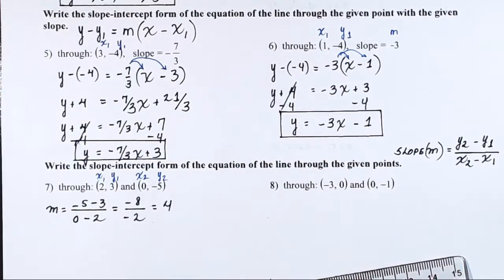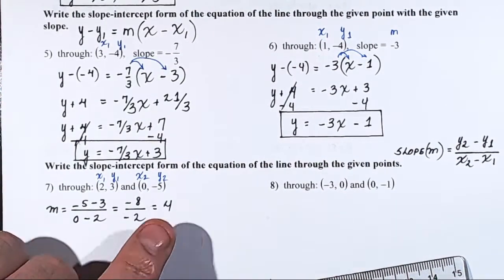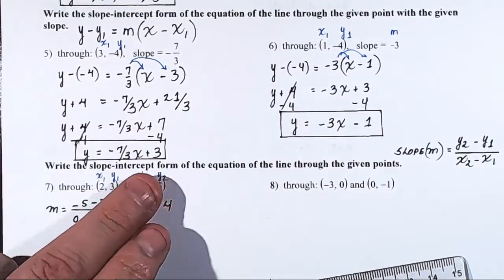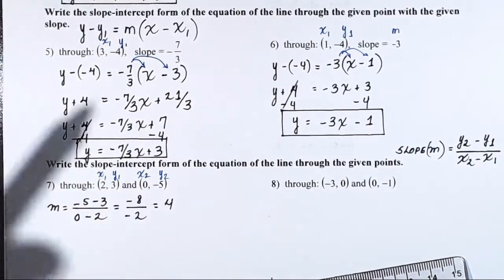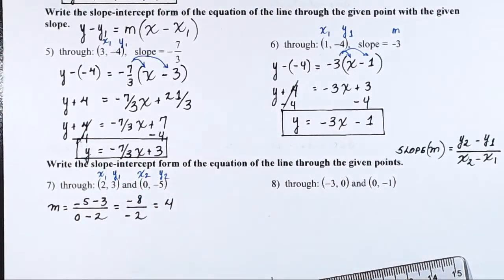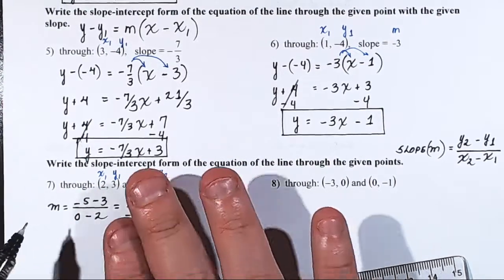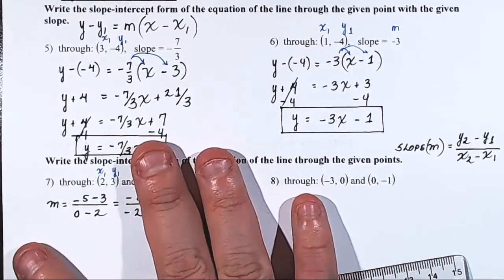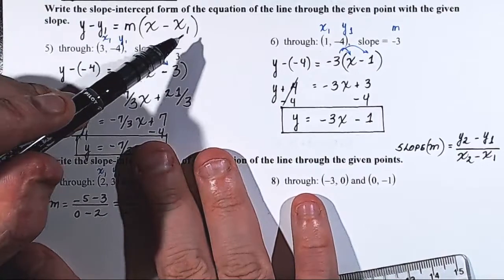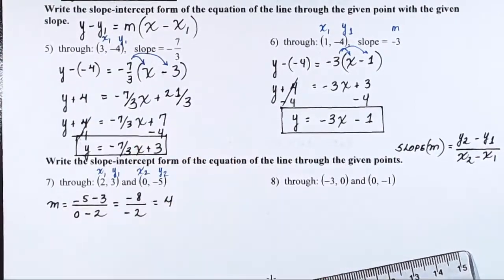But just so you know, all you need is the slope and one coordinate pair. You can try it for yourself. You'll get the same answer, regardless of which coordinate pair you use. I'll just use the 2, 3 since I labeled them x1, y1, and that's what's in the formula here to avoid confusion.